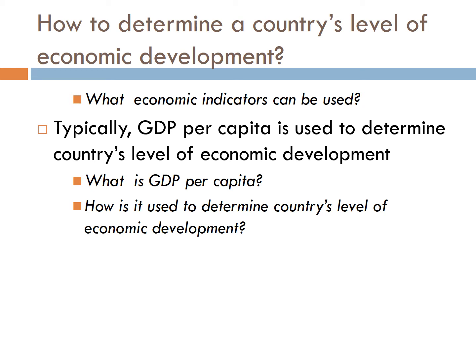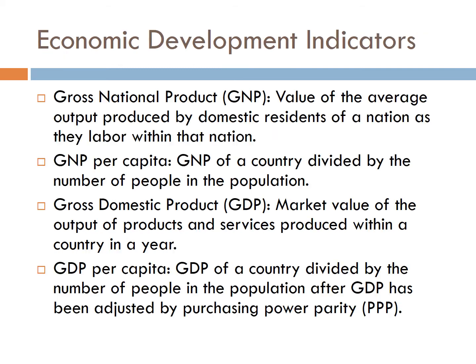We will see on the next slide why that is the case, as each one has a different way of measuring the value of products and services produced within a country.